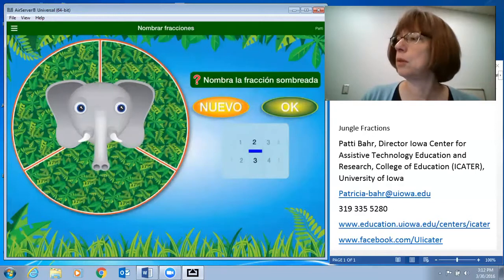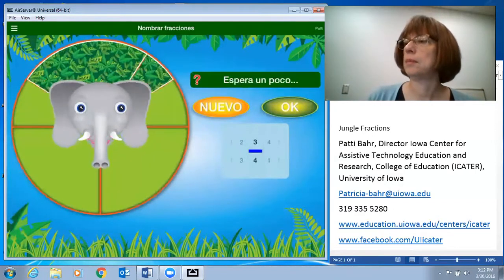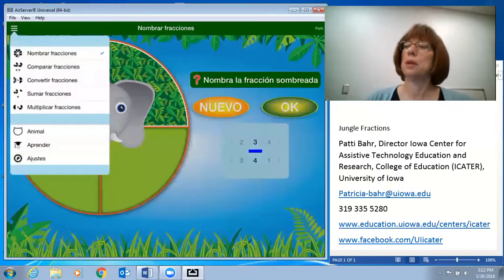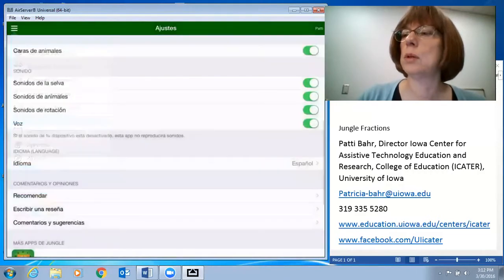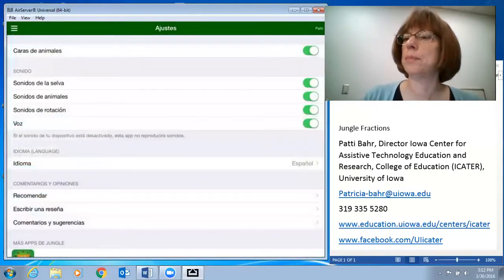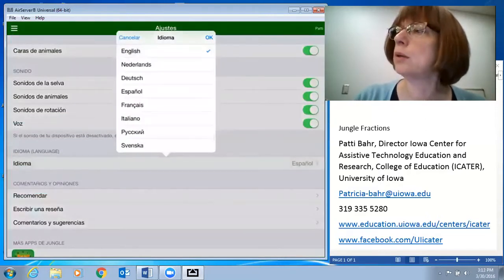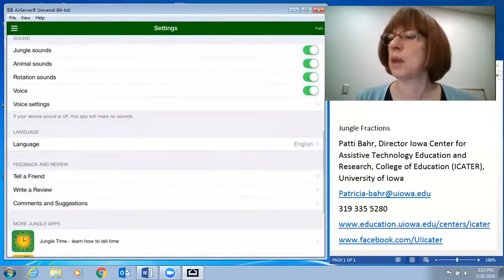So we're going to say 3. 3 tercios. So it's saying the numbers in Spanish. So I'm going to go back down here to our language and put it back into English so I can understand what's going on. Name the fraction that is shaded.